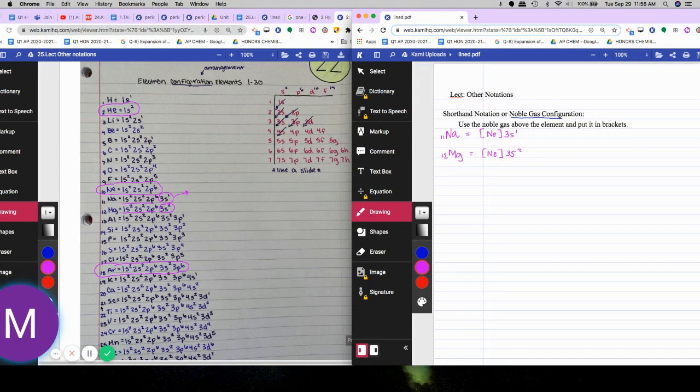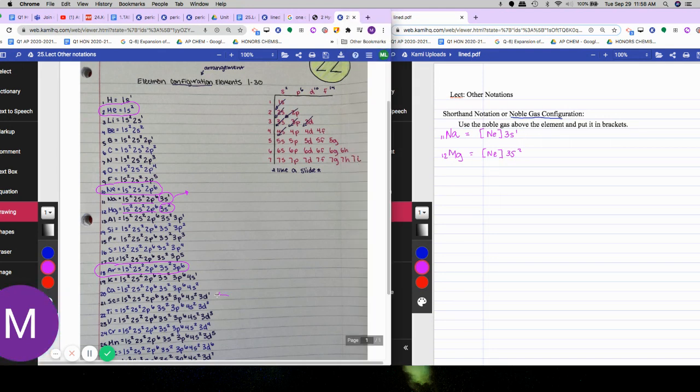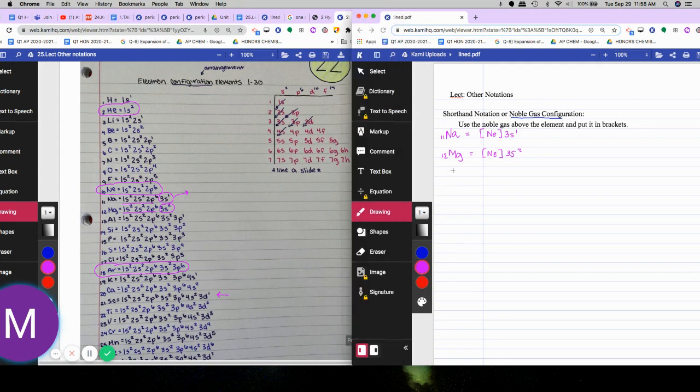Okay, let's try scandium. Let's see, right here. So scandium has 21 electrons. The noble gas above it, okay, I'm not going to use neon because the one directly above it is argon. So if I use neon, I would have to write more. So I will use argon.